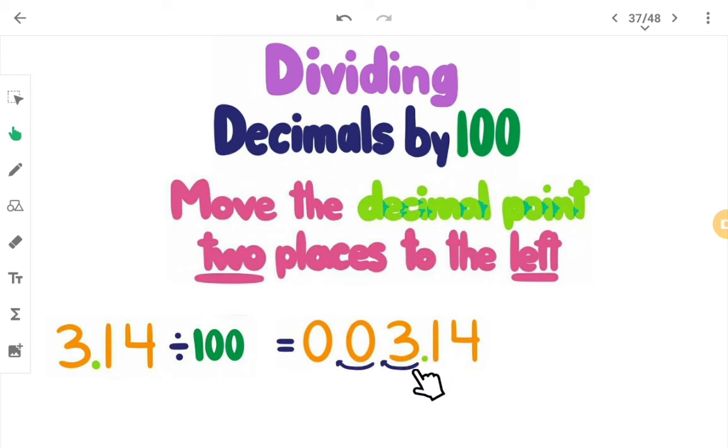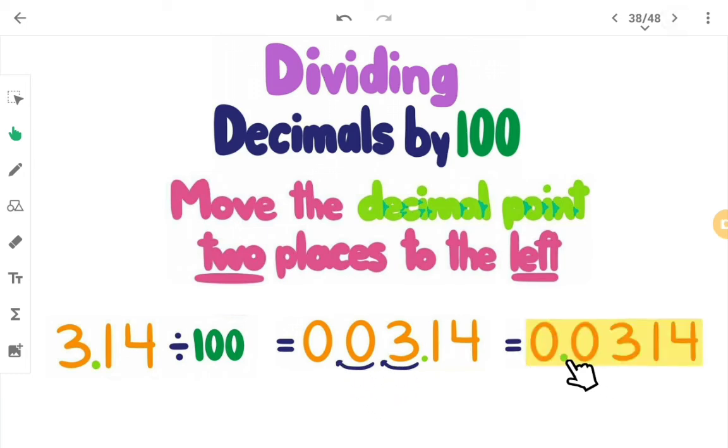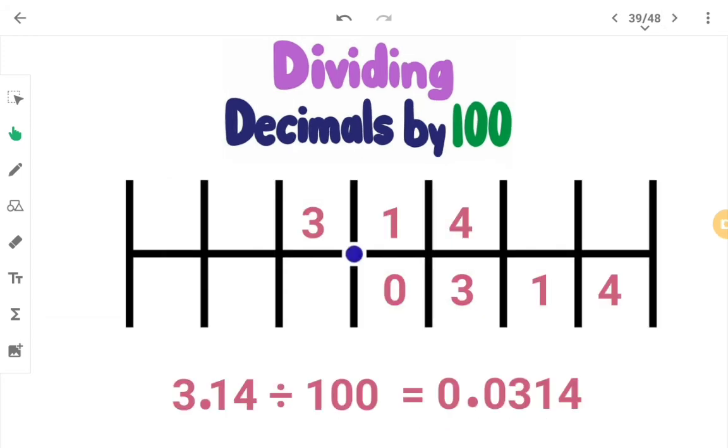So what you will get? 0.0314. Here 100 is divided, so I had moved the decimal 2 places towards the left side. Okay, children? Yes. And now I have shown the same with a grid.